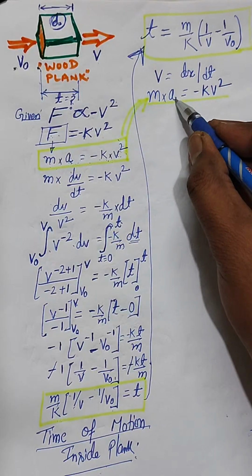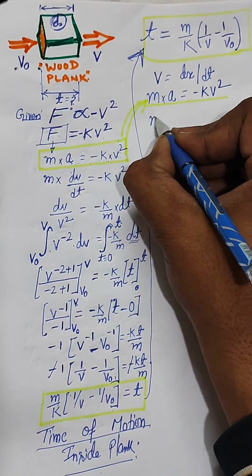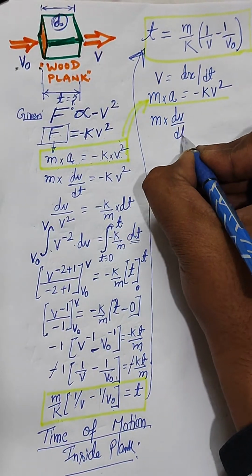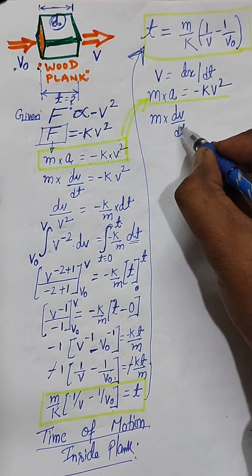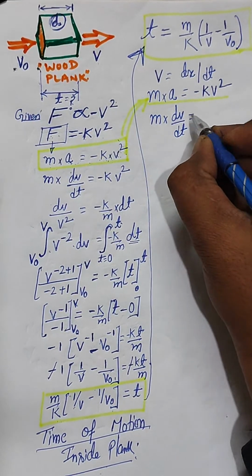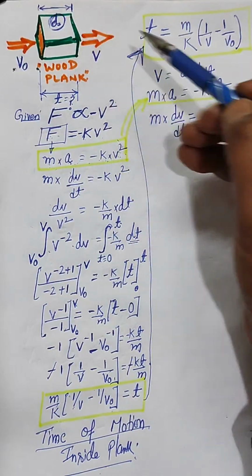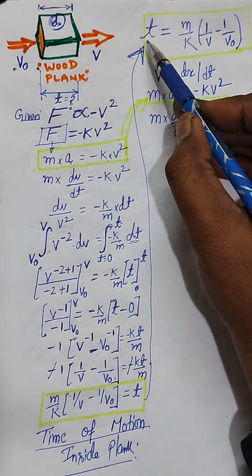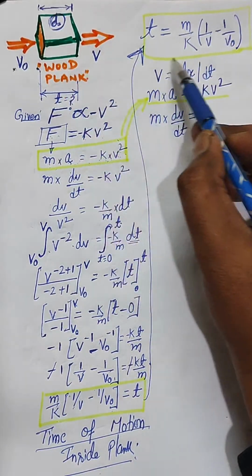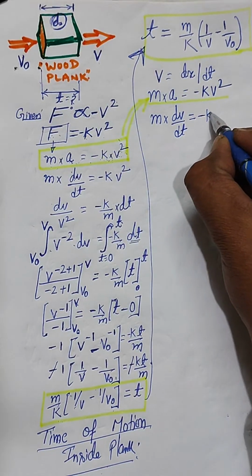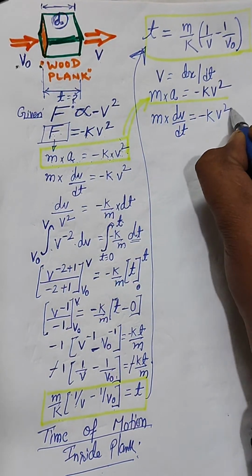this a can be written as m into dv by dt, isn't it? This acceleration can be written as dv by dt, is equal to, just we are going to introduce this d, the thickness of the plank, minus k. We already calculated the time to cross the wooden plank, that is m by k, 1 by v minus 1 by v0. Now minus k times v square.